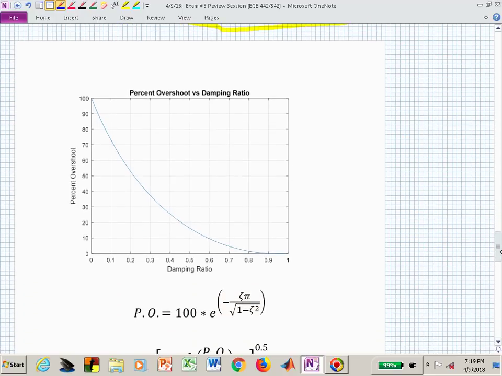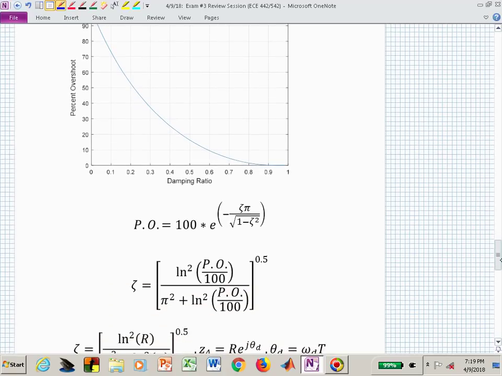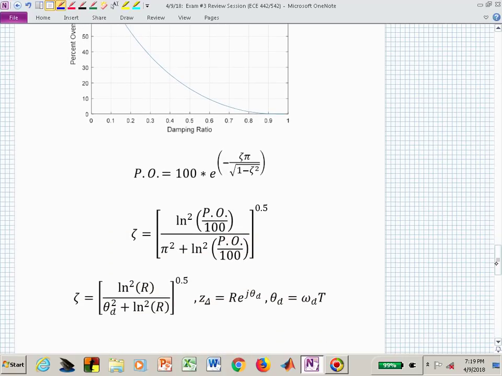If that doesn't make you feel comfortable, you can start using all of these formulas, which I hope I've typed in correctly. But that's e to the minus zeta pi over the square root of 1 minus zeta squared. That's the percent overshoot in terms of zeta. The percent overshoot, if you've measured it from a step response, you could calculate your zeta. Don't forget to take the square root of that.